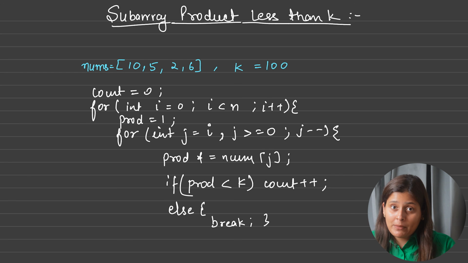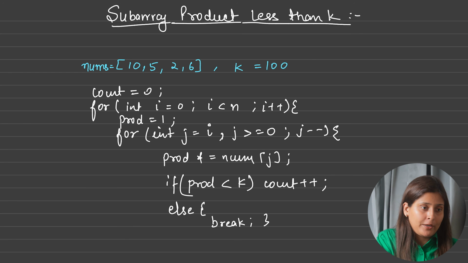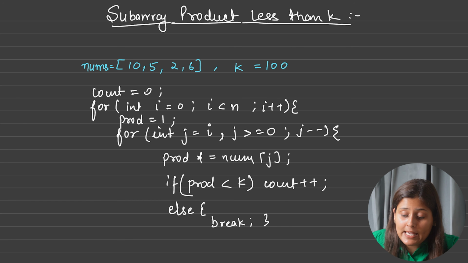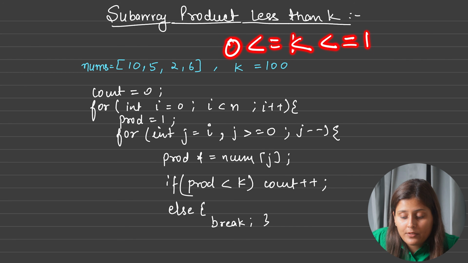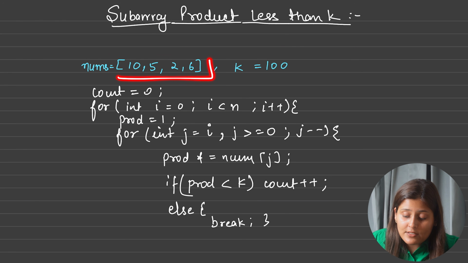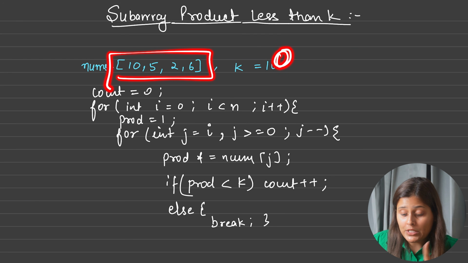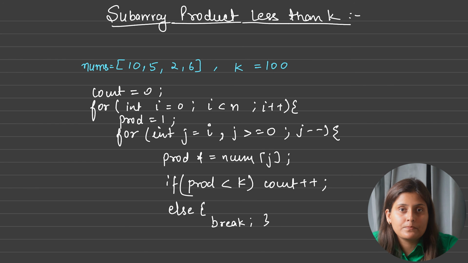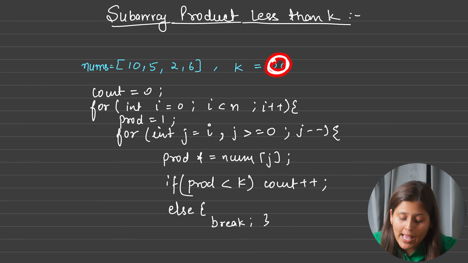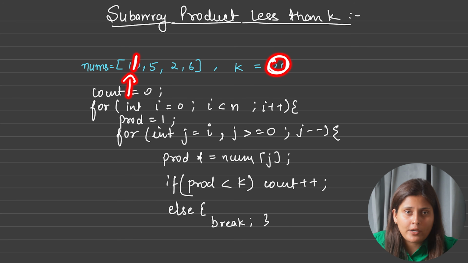So before going for the optimized approach, let's see the brute force code here. But if you remember the constraints, k is greater than or equal to 0 and less than or equal to 1000. So what was that base case? Base case says that here we want k=0 also. And it also mentioned that the number values can be 1 to 1000. So what do you think? When k is 0 and the question is asking for strictly less than, and I know that the minimum value is 1, is it possible to get any single subarray?